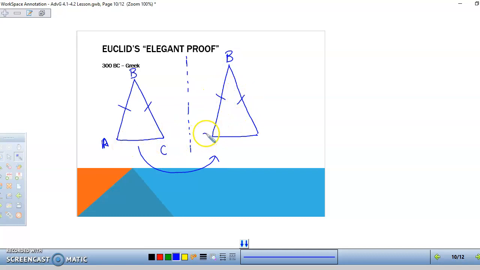But what happens is that angle C and angle A flip. So his conclusion was, well, since I can flip this triangle over and angle A and angle C are interchangeable, whether I draw it this way or this way, then it must be true that angle C is congruent to angle A. So that's Euclid's elegant proof.